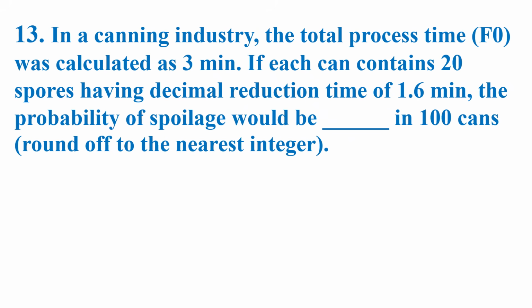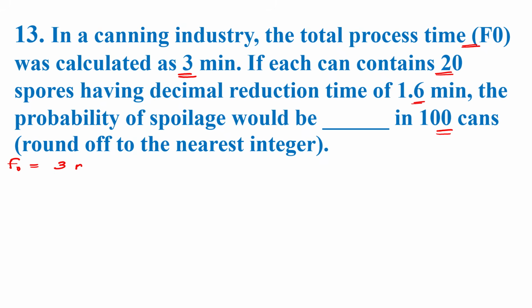Canning industry, the total processing time, that is F naught, is calculated as 3 minutes, and each can contains 20 spores having a decimal reduction of 1.6 minute, and the probability of spoilage will be how much in 100 cans. We have to calculate. So F naught is given to us, that is 3 minutes.